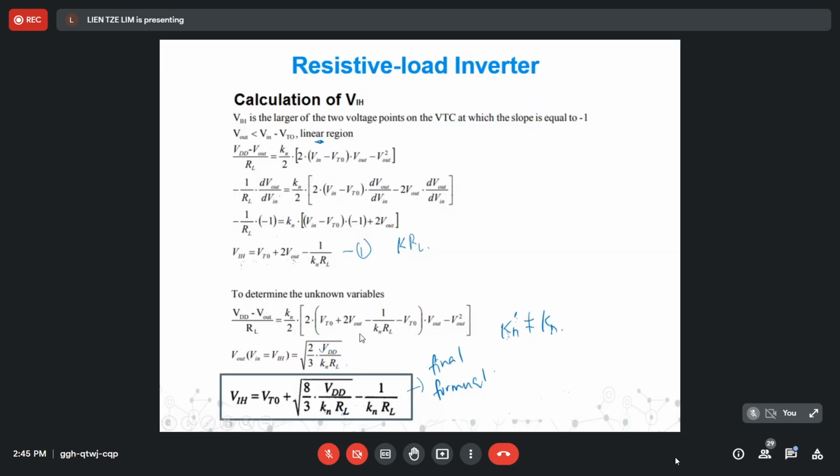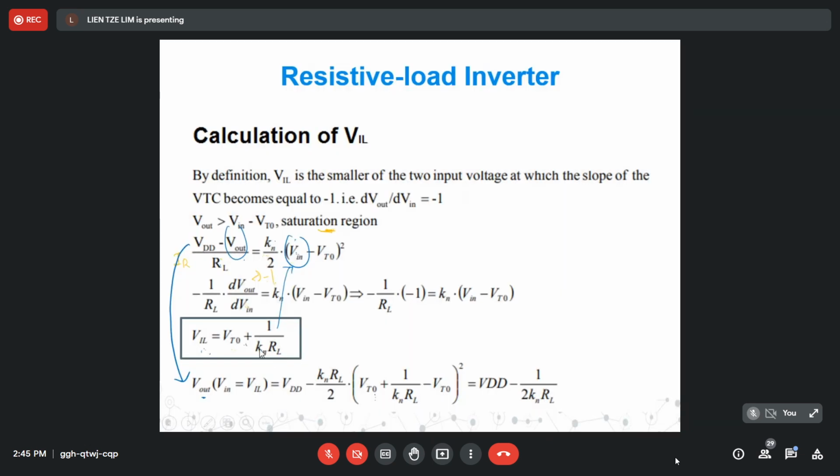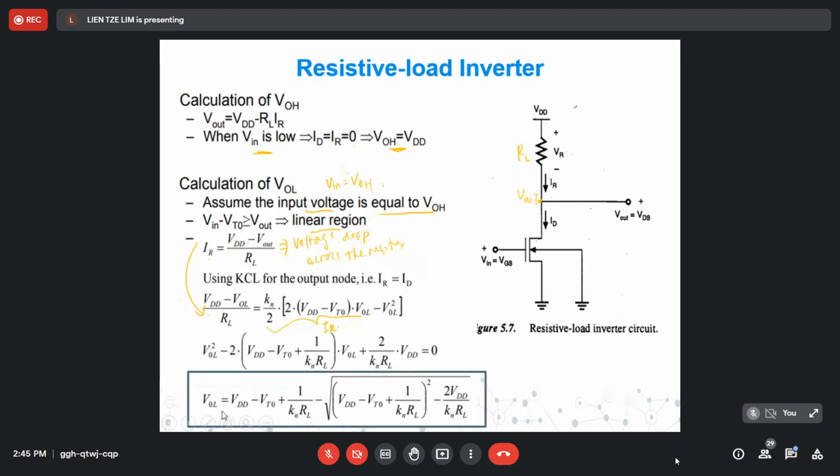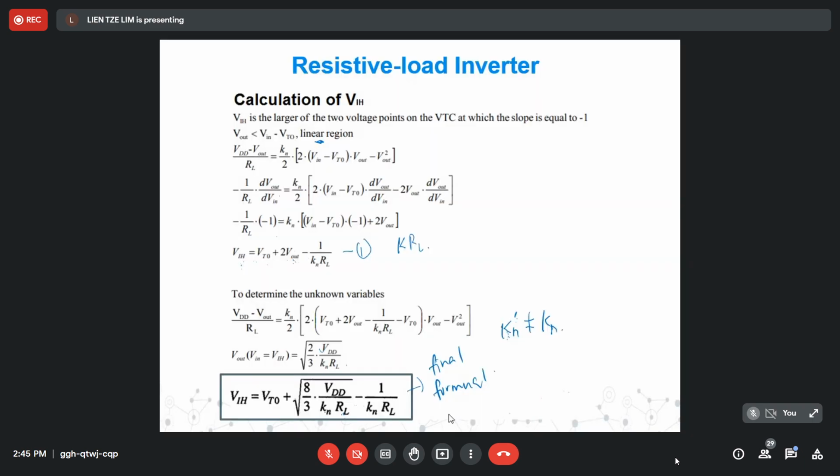You can see here, this is KNRL in the calculation of VIH, and this is the calculation of VIL, the formula to calculate the VIL with this term. And another formula is for VOL. There is also the KNRL. So this term is quite important.